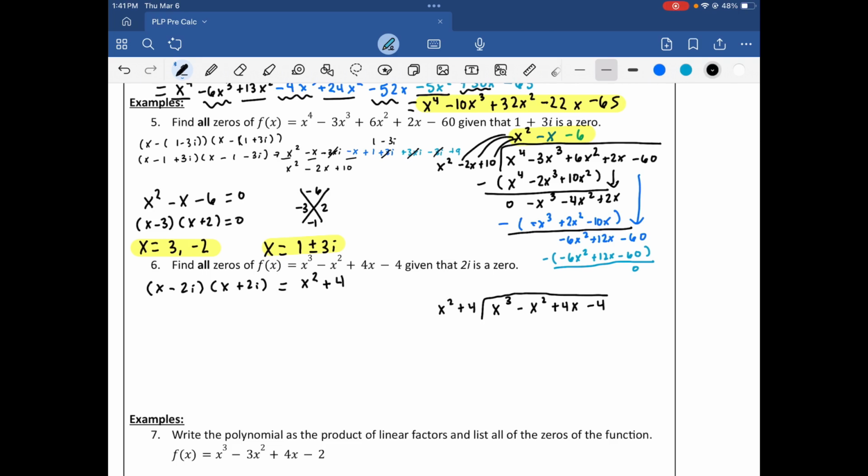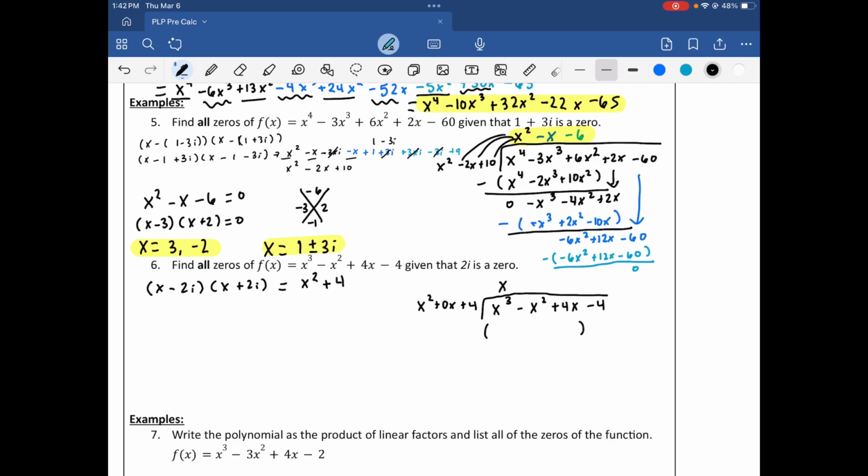Now, for the purposes of this example, I am actually going to put in a little bit of a filler here. So I'm going to divide by x squared plus 0x plus 4, just so that we keep that term in place. Okay, so take your x cubed divided by your x squared. That's going to leave me with an x.